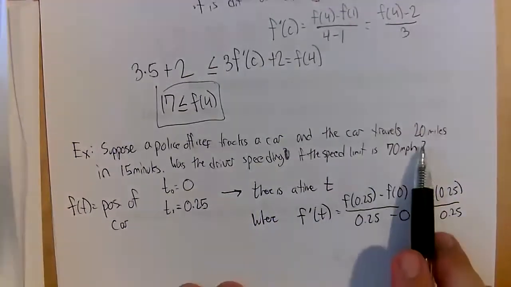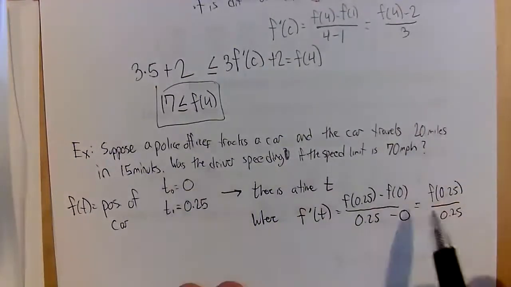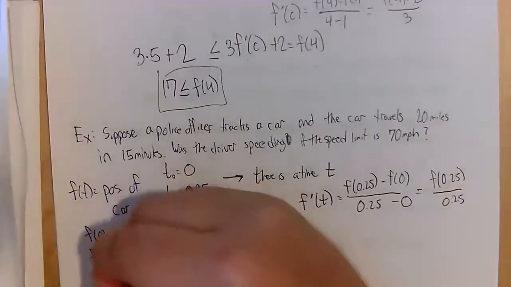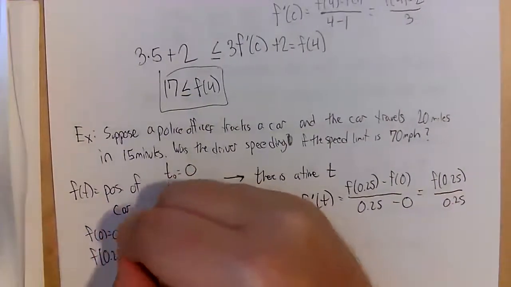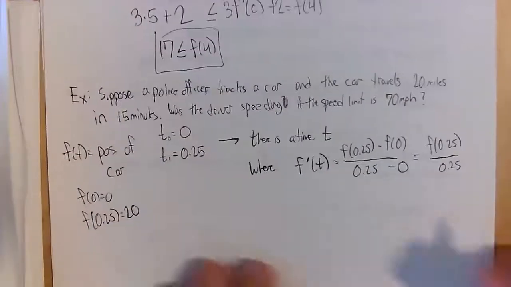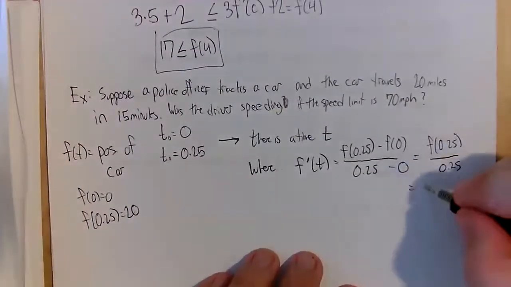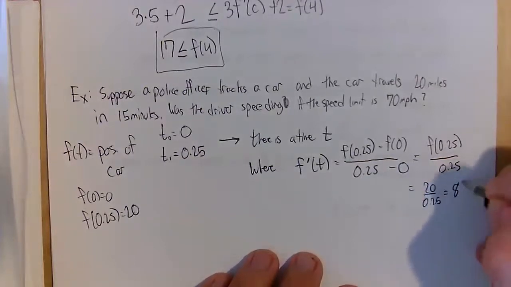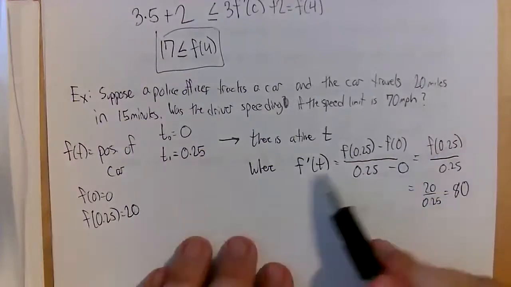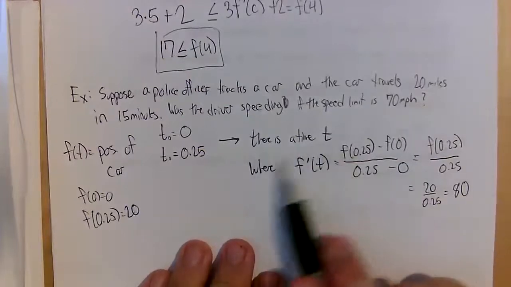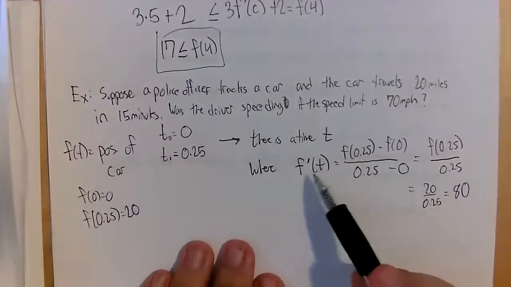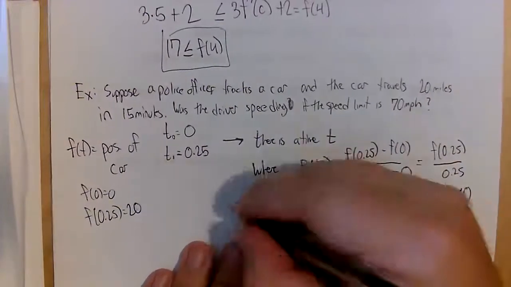Now they say they travel 20 miles in 15 minutes. So we'll say that f of 0 is 0 and f of 0.25 is 20. All right, so this is going to end up being 20 divided by 0.25, or a quarter, which is 80. So what this is saying is that there is a time where f prime, and since this is position, this must be the velocity of the car, is equal to 80.